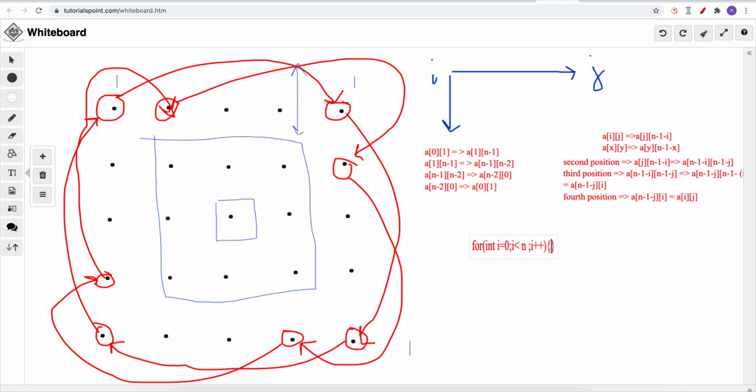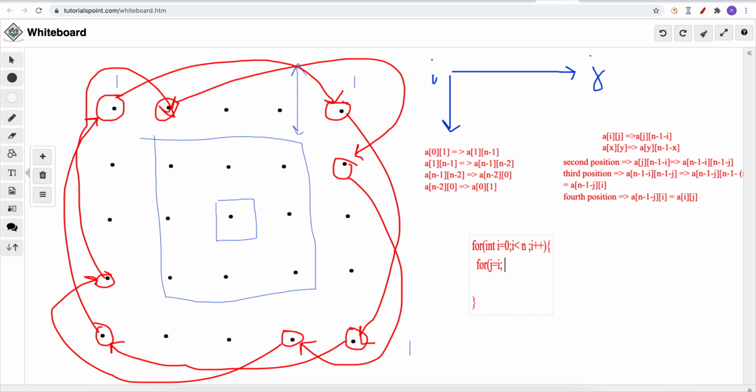For j, where should j start? For i equal to 0, we start from j 0 itself. For i equal to 1, we start from 1 itself. For 2, we start from 2 itself. So j will start from i itself.